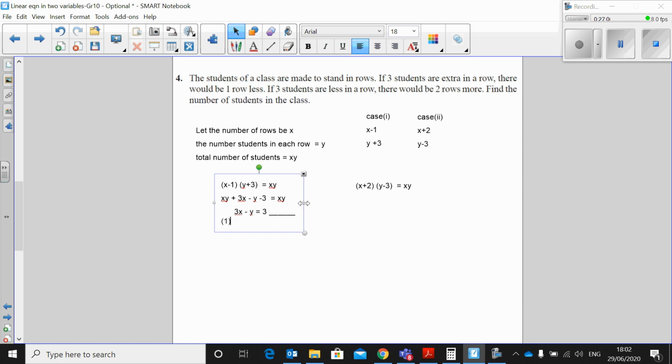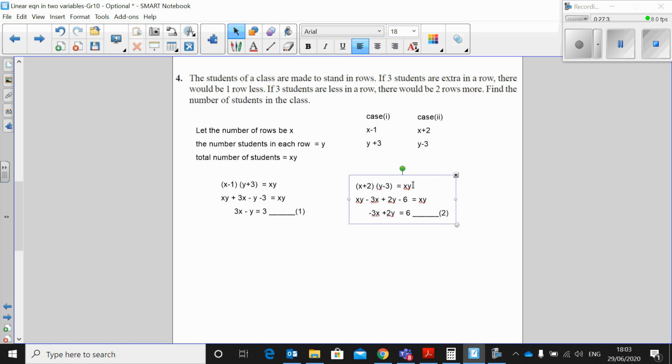Now the second case, simplify further: xy minus 3x plus 2y minus 6 is equal to xy again. So xy and xy get cancelled: minus 3x plus 2y is equal to 6. Let us take it as equation number 2.